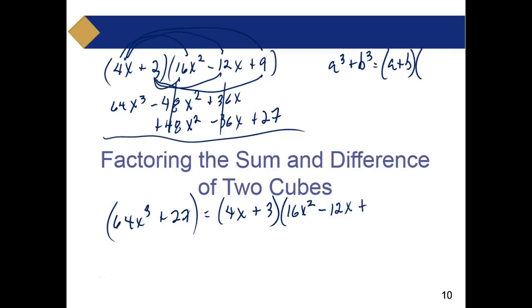Square the first, and what do you get? A squared. And then you opposite, change the plus to a minus, multiply the two together, AB, plus B squared. Square the last. That's how you factor the sum of two perfect cubes. That's exactly what we're doing here.